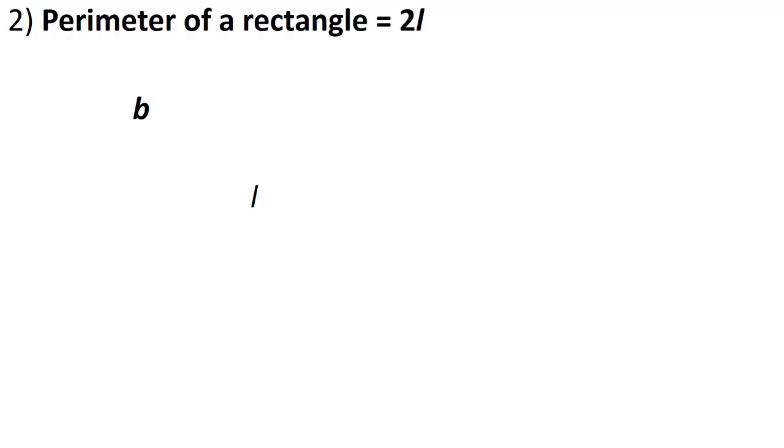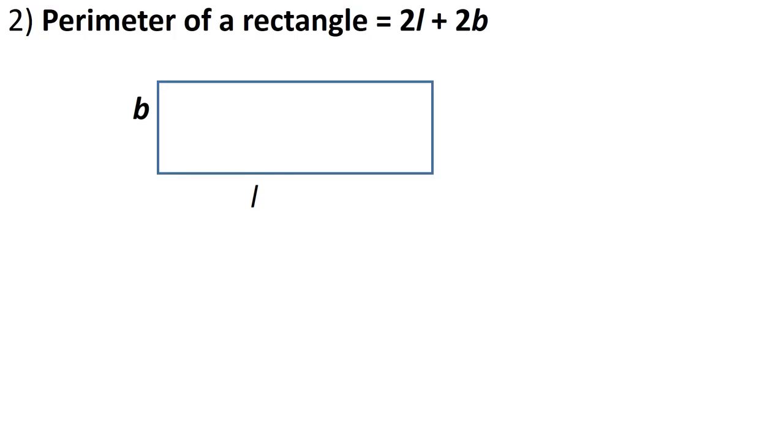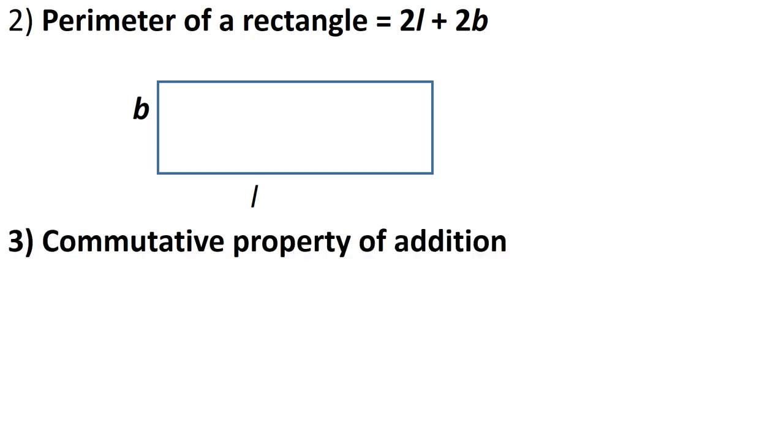Now see, second is perimeter of a rectangle. It is 2L plus 2B. Why 2L plus 2B? Because 2 times we have length and 2 times we have breadth. Okay, so we are adding it L plus L plus B plus B.